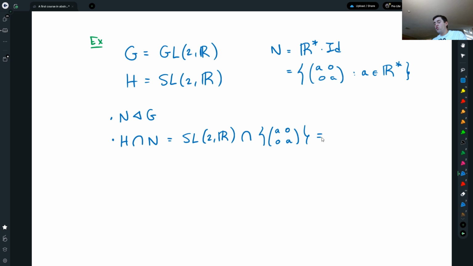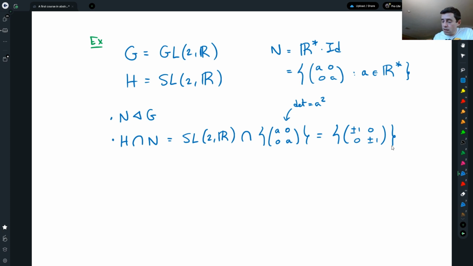Notice that the determinant here is A squared. So to have determinant 1, it has to be that A is plus or minus 1. So it is precisely (±1, 0; 0, ±1). There's only 2 matrices in there.